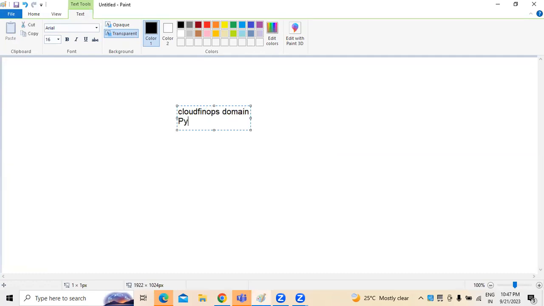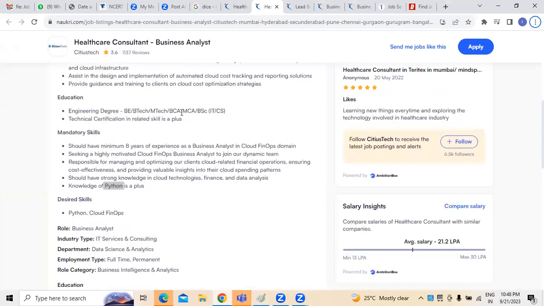Plus, they want someone who has knowledge of Python. They are not asking for expertise. Some basic idea of Python is what they generally expect, because this is something completely confined to the organization it belongs to.